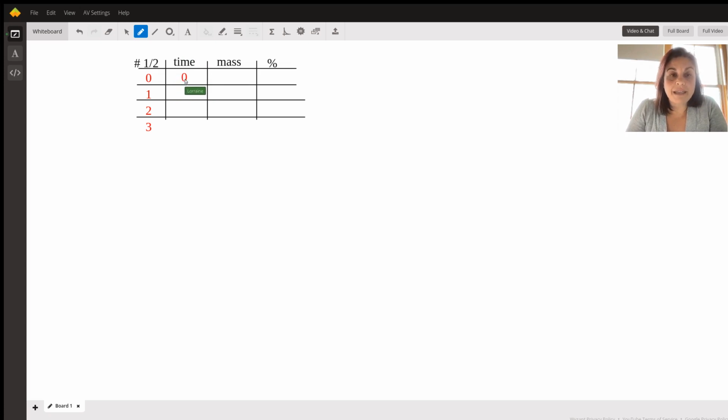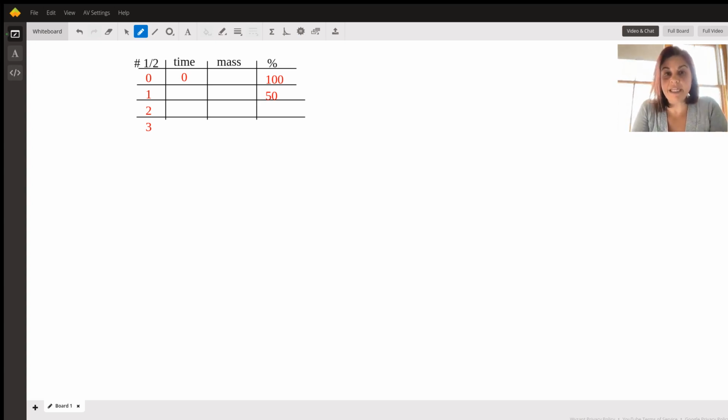The last thing that is always going to be the same is our percentages. We are always going to start with 100%. After 1 half-life, it goes down by half. So half of 100 is 50. It goes down by half again. So we're taking half of 50 this time, not half of 100, half of what we just finished.